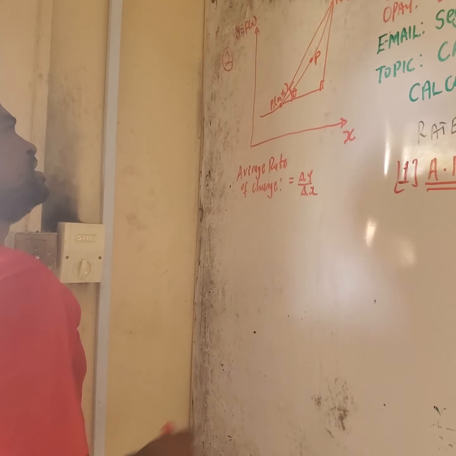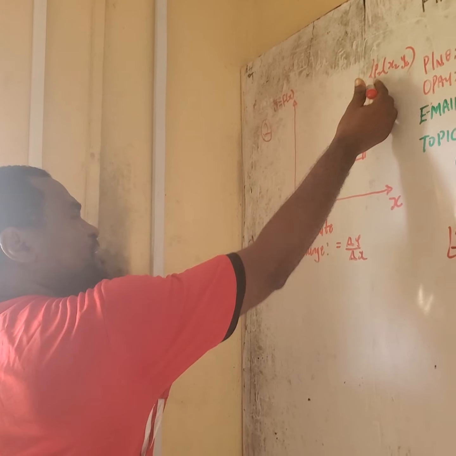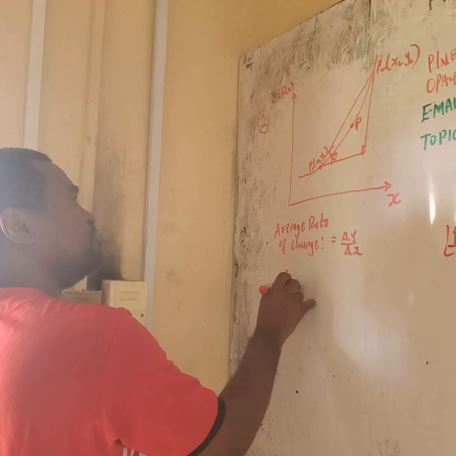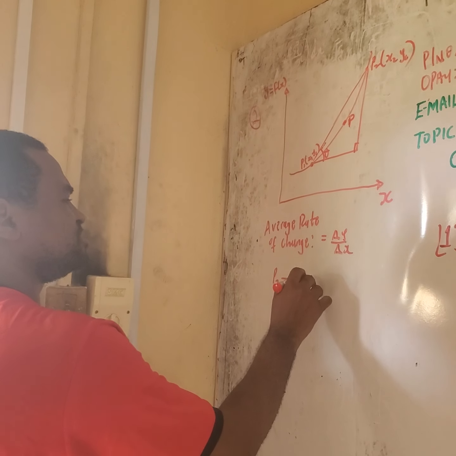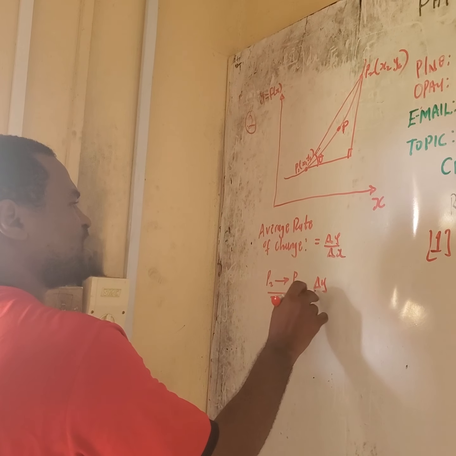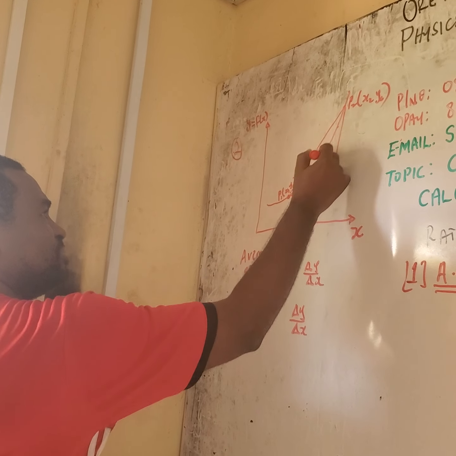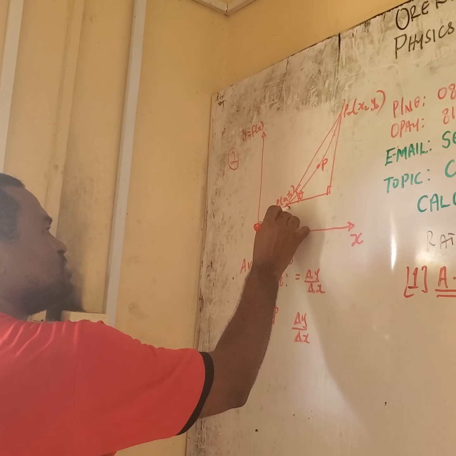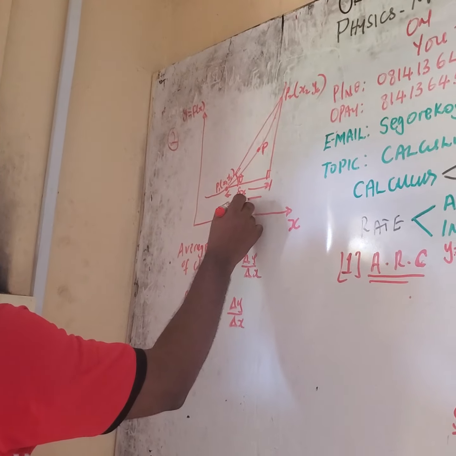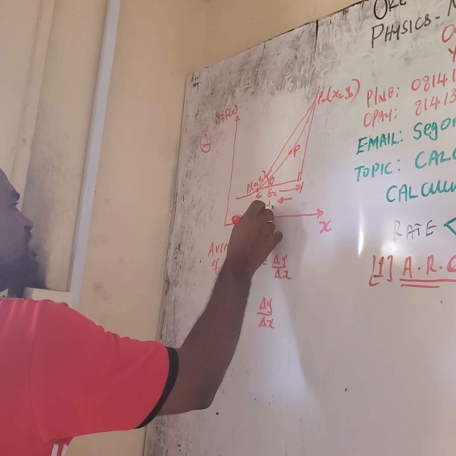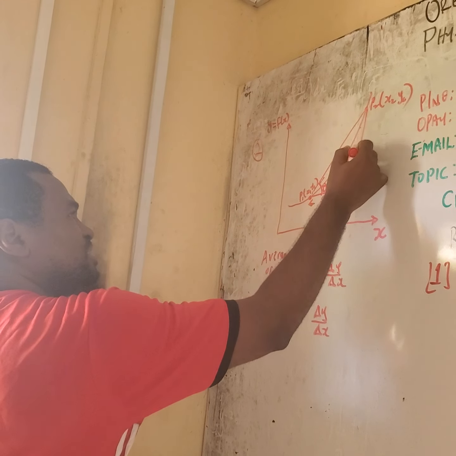But as point P2 moves towards P, the average rate of change that I have here, delta y over delta x, as this point P2 is moving towards this point P1, the difference delta x between these two points will be reducing to a limit, and at this point the value of y2 will also be decreasing.